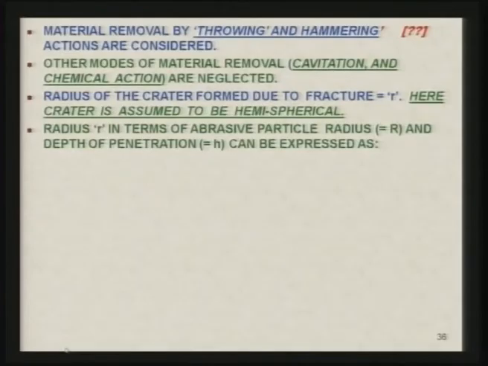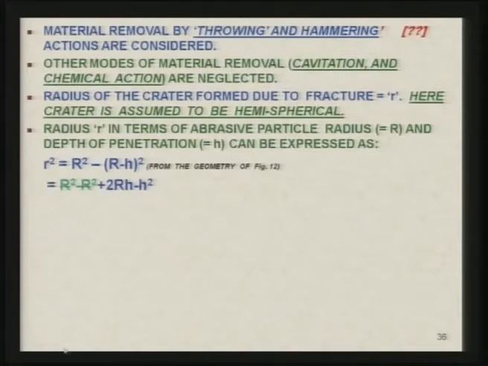Radius r in terms of the abrasive particle radius and depth of penetration small h, as I have shown earlier, can be expressed like r square is equal to capital R square minus within bracket capital R minus h whole square, and this is very clear from the geometry of the previous slide where the figure is shown.